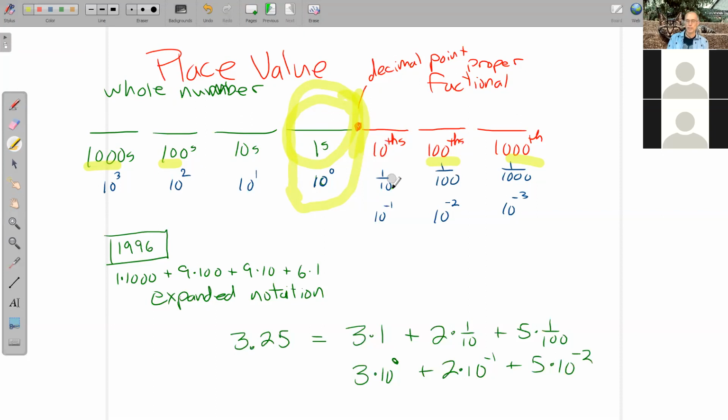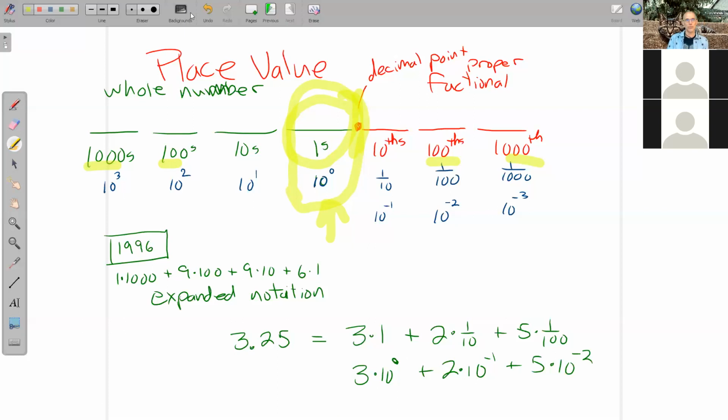And there is no oneths position. There are ones, and you can increase to tens, or you can decrease your place to tenths. But the ones is the center of it all. And that's an important thing to know when we're playing with decimals. Ones are in the middle. And we branch out on each side to bigger whole numbers and smaller fractional numbers.